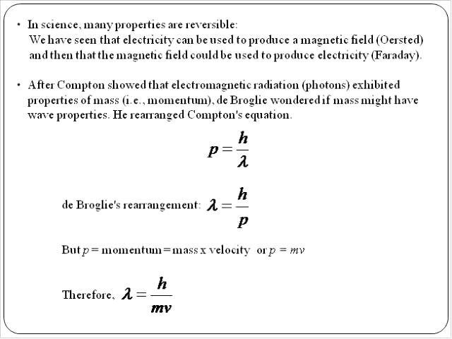So he took Compton's equation, P equals h over lambda, and rearranged it. He said, in that case, lambda, wavelength, would be h over p. But remember, momentum is mass times velocity, so he put mass times velocity back in for p, and he ended up with this.